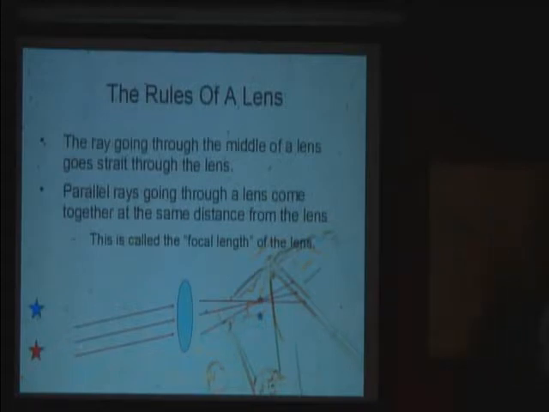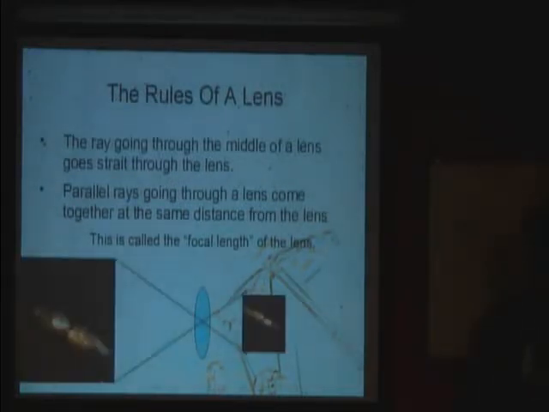Okay? So, all right, back to this. If we put a screen right here, then all the red light is coming together here, correct? And all the blue light is coming together there. So are we going to get a real image? Are we going to see an image on the screen? Yes. Okay.